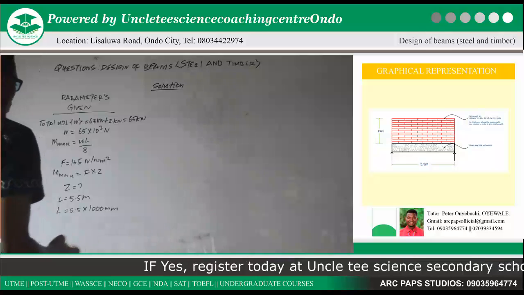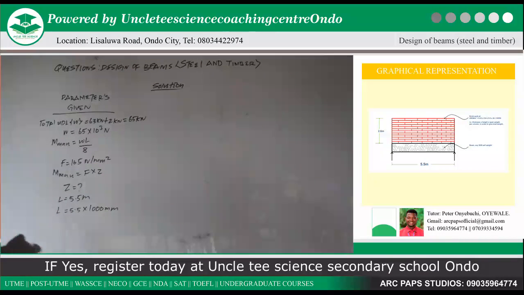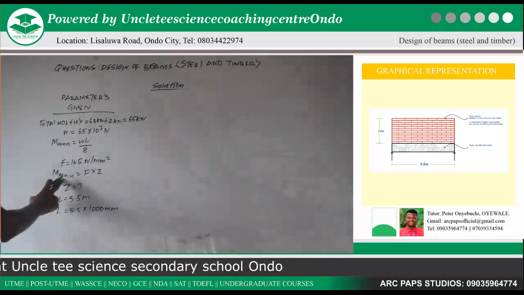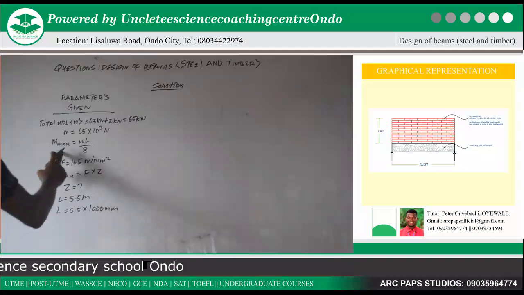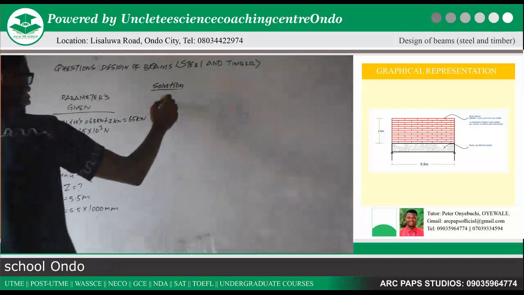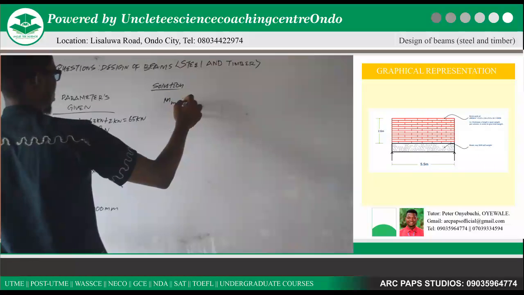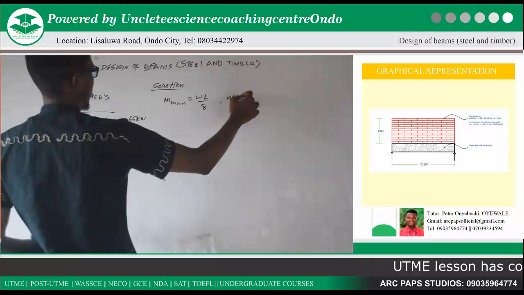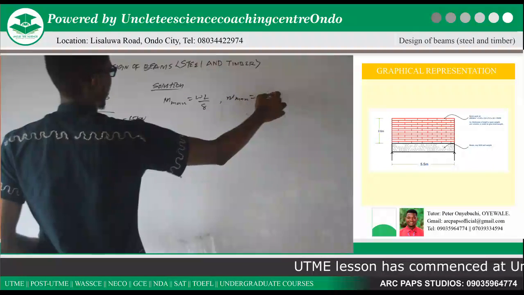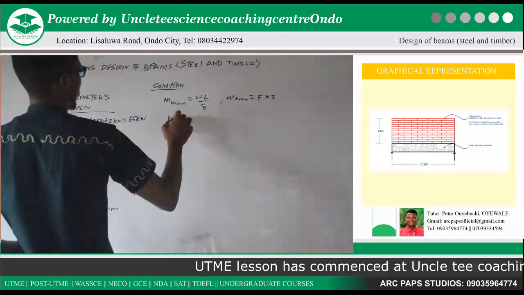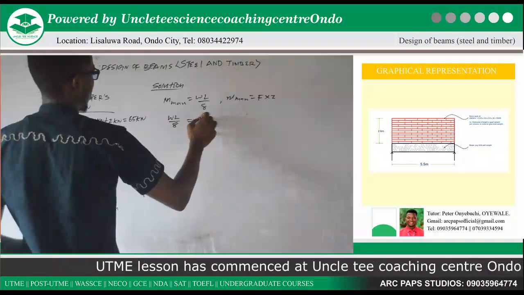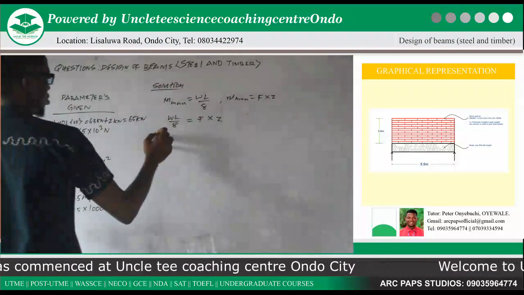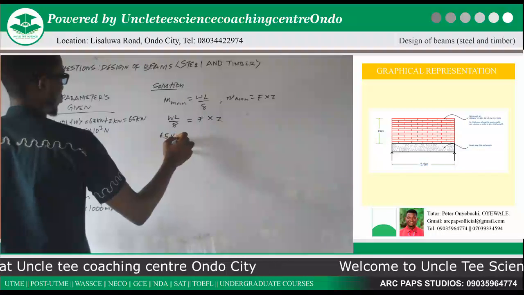Okay, in this particular question, we are still working based on the parameters that are given in the question already. We know our bending stress to be 165, our M max is F times Z. Now, let's start from M max is equal to WL over 8, and M max is equal to F times Z. So it means our WL over 8 is equal to F times Z, because they are both equating to M max.